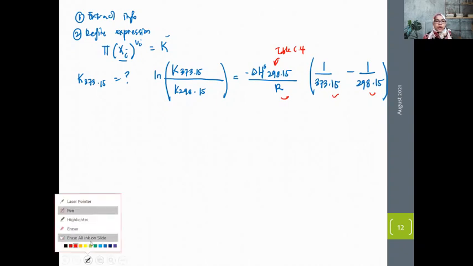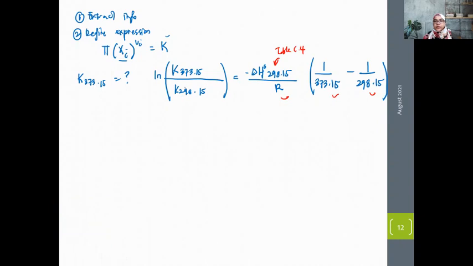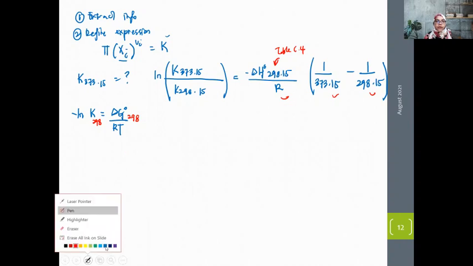So we need to obtain it first at 298, using the equation ln K equal to minus delta G standard over RT. So we can obtain the equilibrium constant at 298 by determining the delta G standard at 298, which we can refer from table C4.